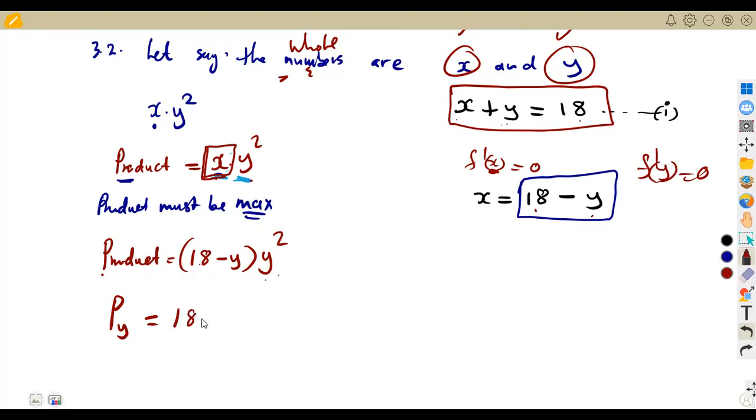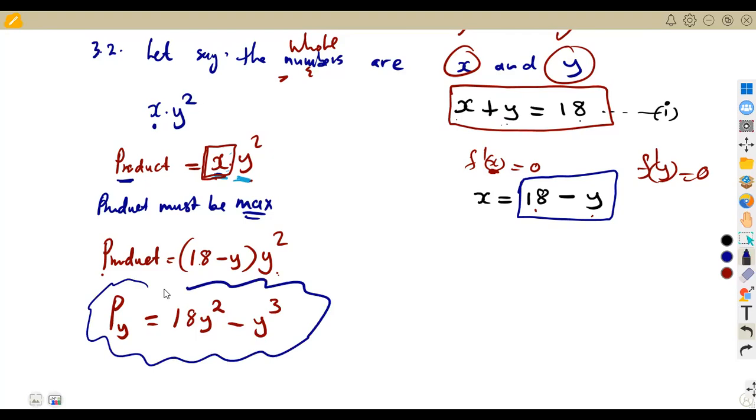Okay, expand. Here we are going to have 18Y squared. Y squared times minus Y, we are going to obtain Y cubed in this case. So this is the expression of the product of our terms in terms of what? In terms of Y. And they are saying this product in terms of Y must be a maximum.